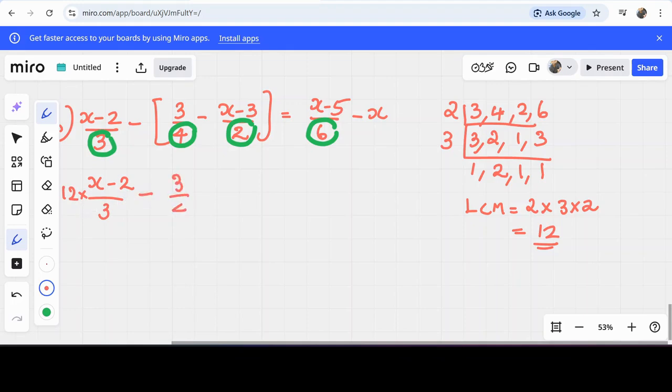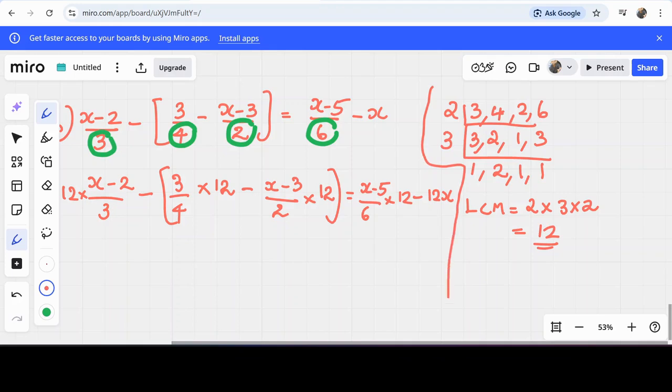Minus 3 by 4, put inside the bracket 12, then minus x minus 3 divided by 2 into 12, which is equal to x minus 5 divided by 6 into 12 minus 12x. So don't forget, make sure that you multiply this 12 to all the terms.